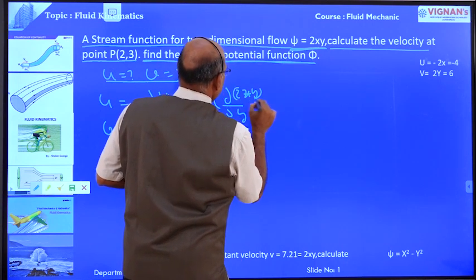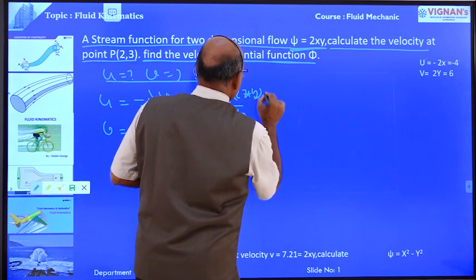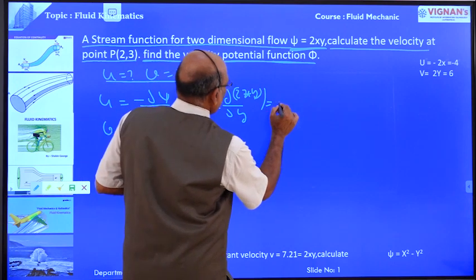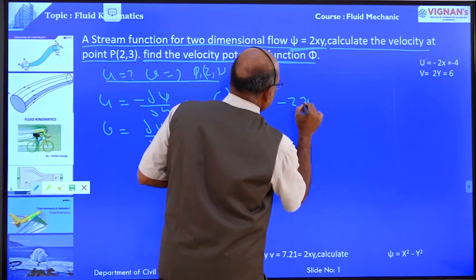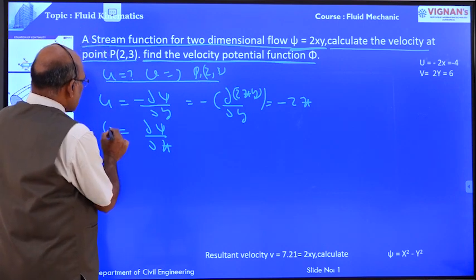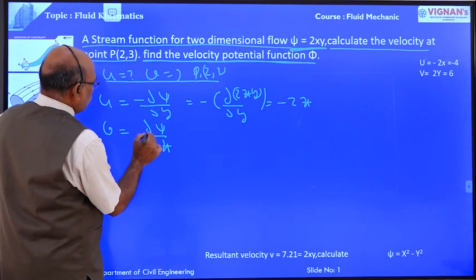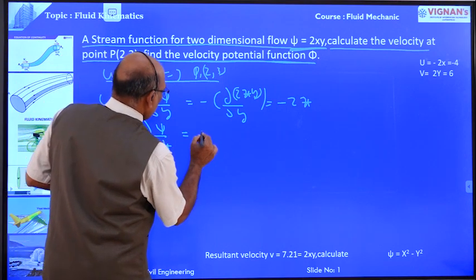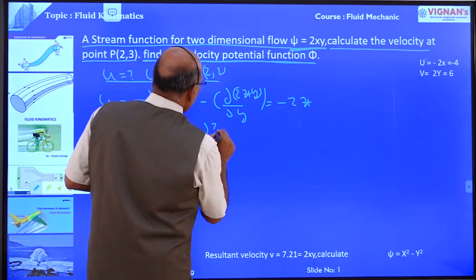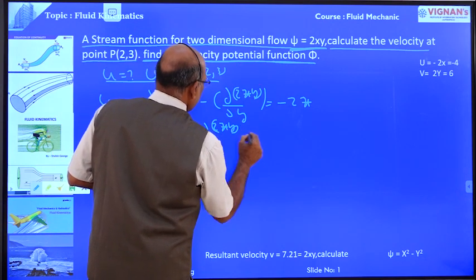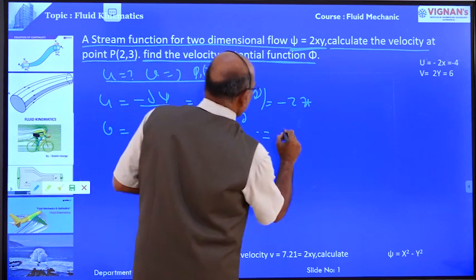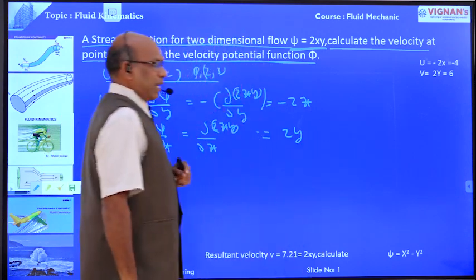Right? Differentiate with respect to y, this is equal to minus 2x. This is the u. And velocity component in y direction v equal to ∂ψ/∂x, that is equal to ∂/∂x of what is ψ value? 2xy, right? Differentiate with respect to x, we have 2y.